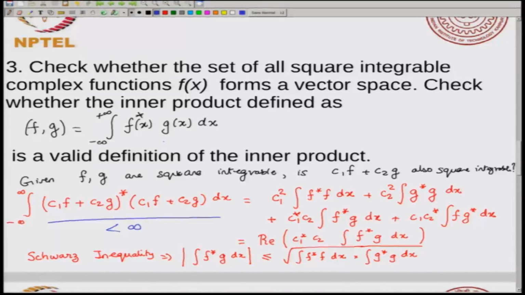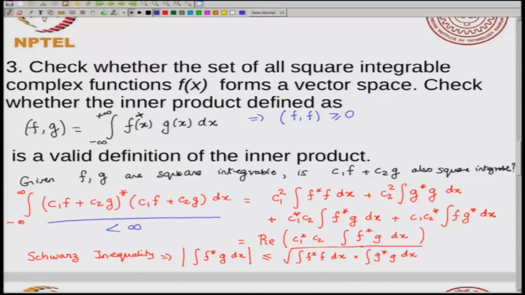The first condition for validity of an inner product is that the inner product of f with itself should be greater than or equal to 0. Okay. And again you can easily see that.